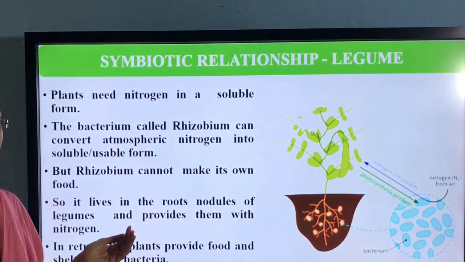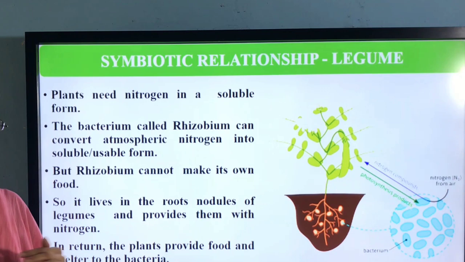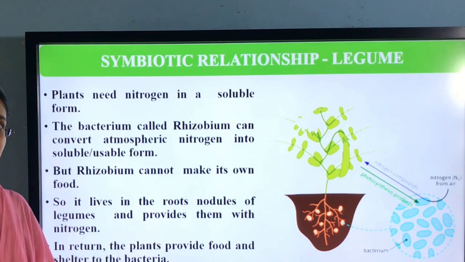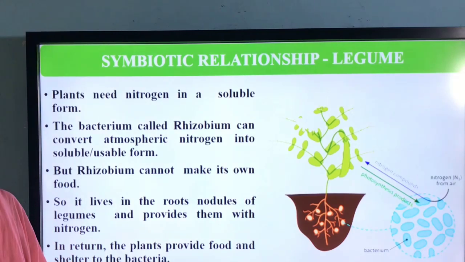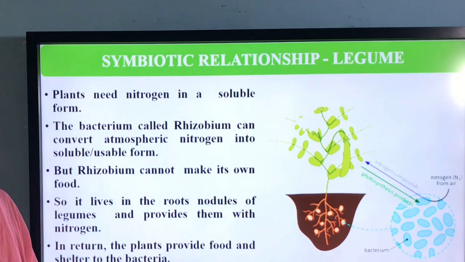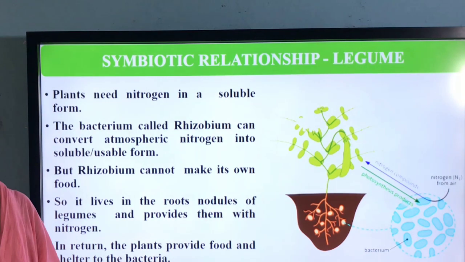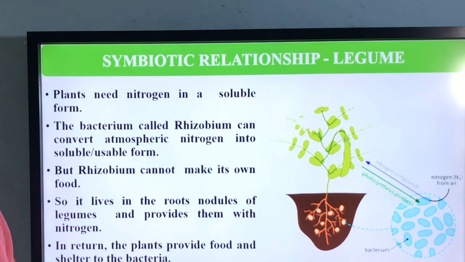So this leguminous plant uses the nitrogen fixed by the Rhizobium bacteria and prepares the food. Here also, these two organisms, that is Rhizobium bacteria and the leguminous plant, share their nutrients and shelter and they live together. Such type of relationship is also called symbiotic relationship.